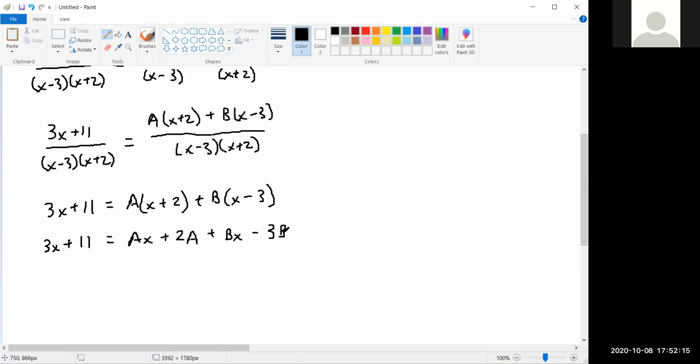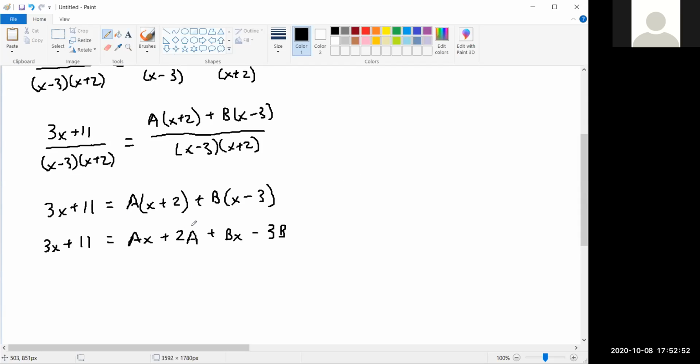Now, does anyone see a way for us to solve for A and B? Use the roots. So plug in each root individually. What are the roots? X equals 3 and x equals -2. Yes, that works. So one way to solve for A and B is to take a look at these factors here, this x plus 2 and x minus 3, and choose very specific values of x that would make it easy to solve for.